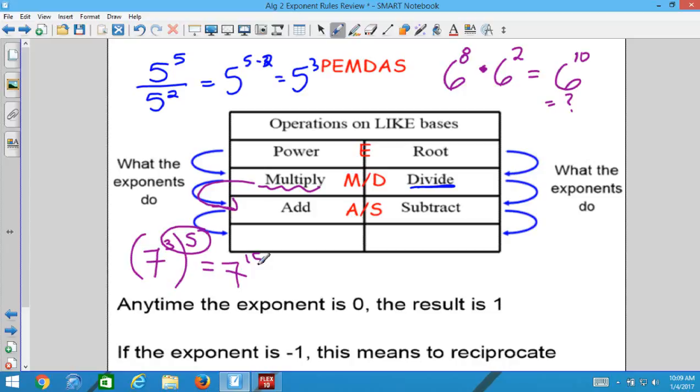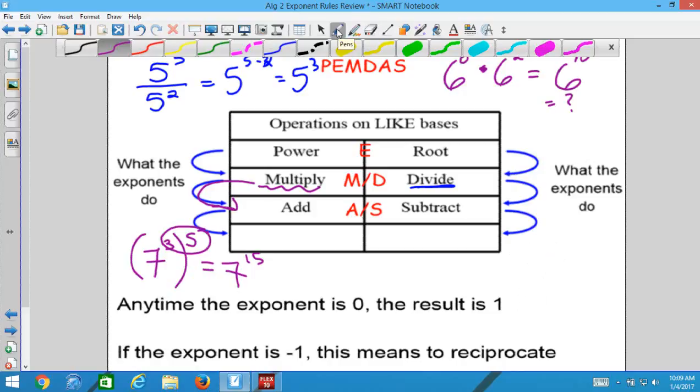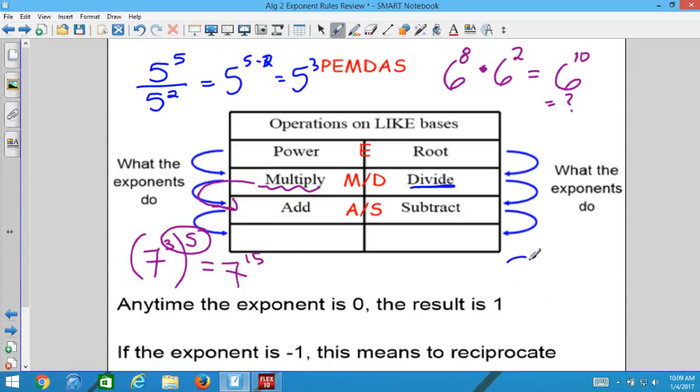I'm going to give you another power one that people were having trouble with in my other class. Let's say we had a power that was like 3 to the 5th.